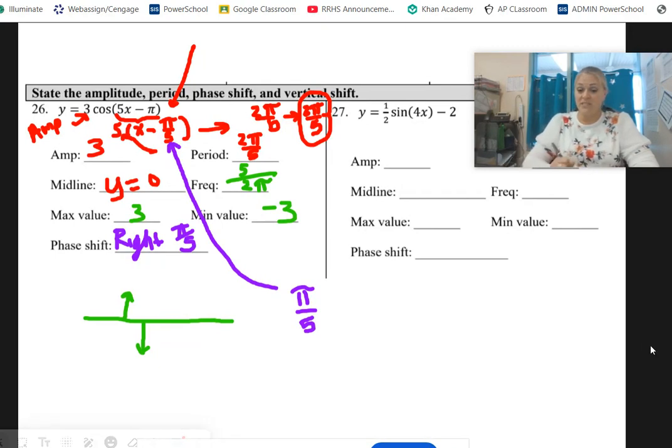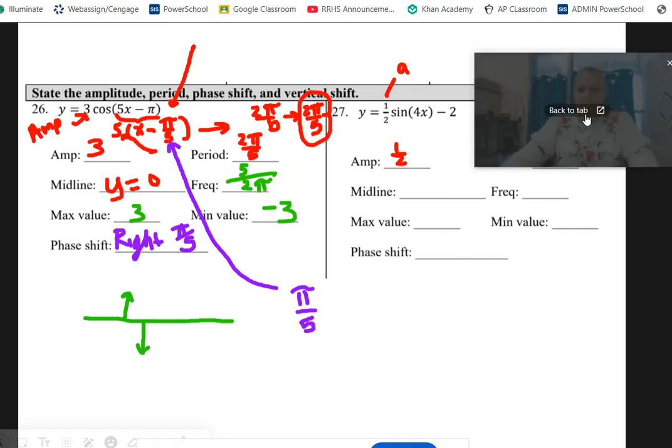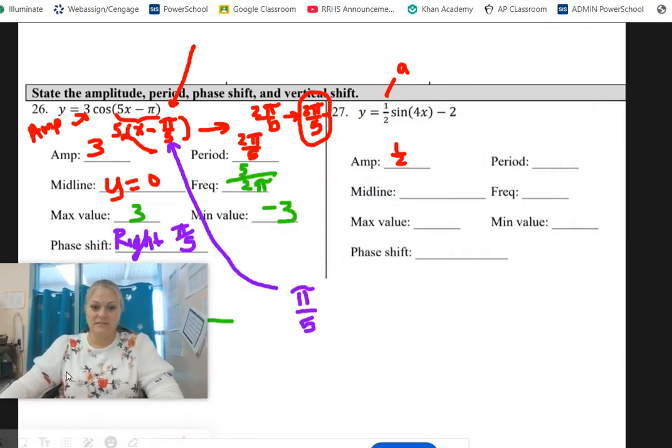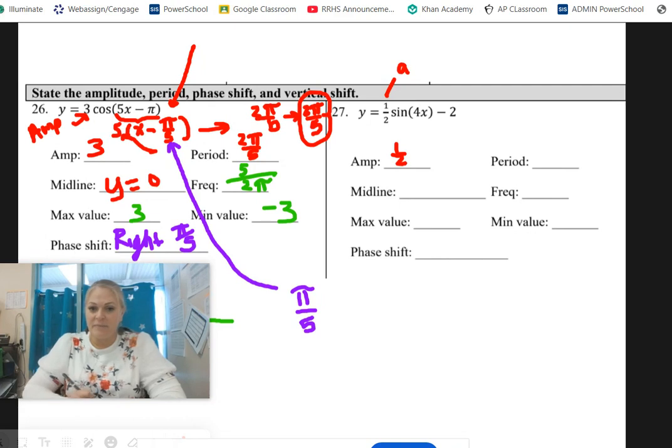For 27, I'm going to start the same spot. Start with amplitude. I have an amplitude of 1/2. That a term. The period is located here, but let me write this really quickly.